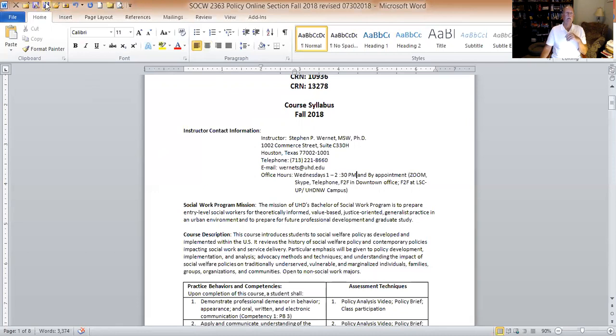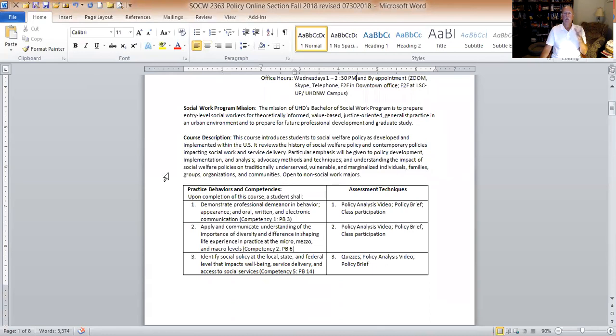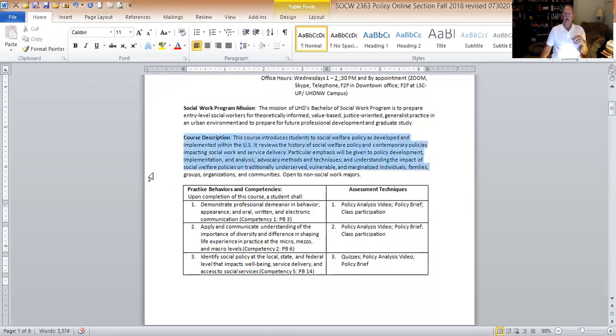So let me save that piece. All right. I'm going to walk through this somewhat quickly, but you see here the mission for the social work program, and we're preparing entry-level bachelor social workers for both practice as well as for graduate school. Most importantly, the course description.